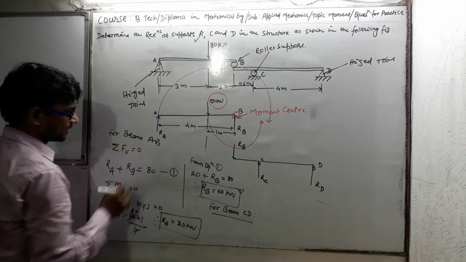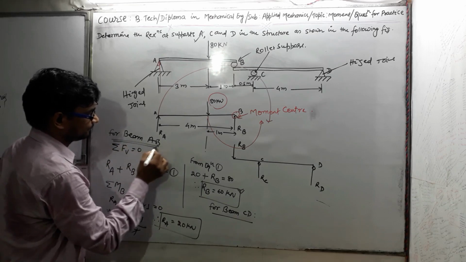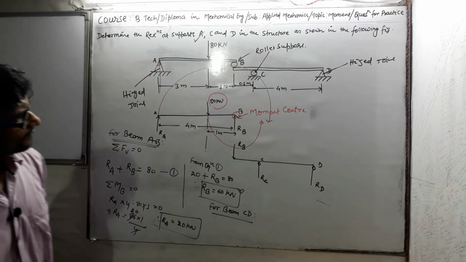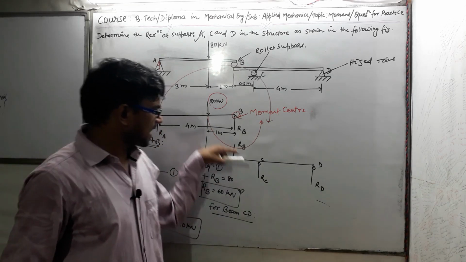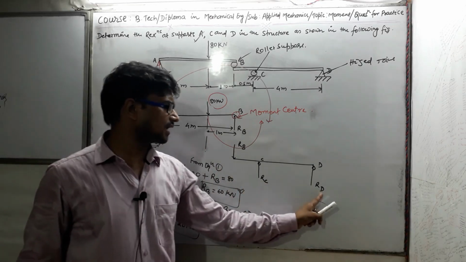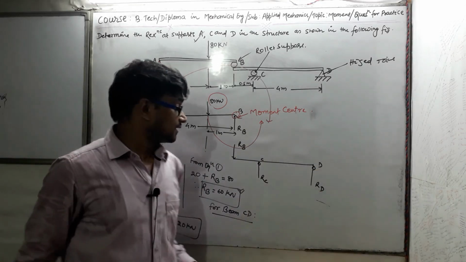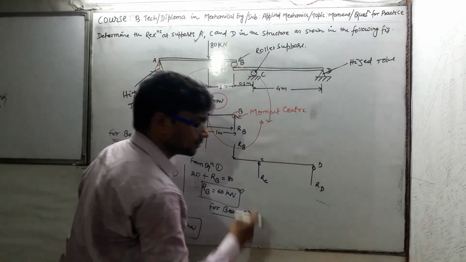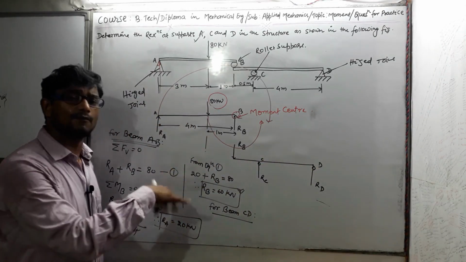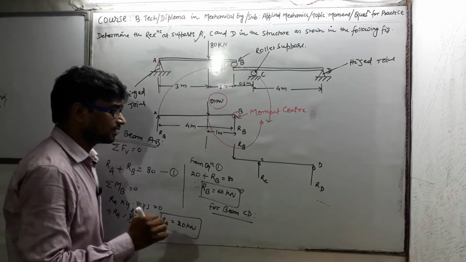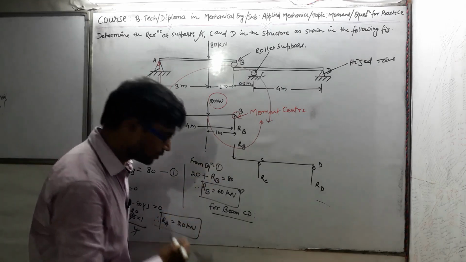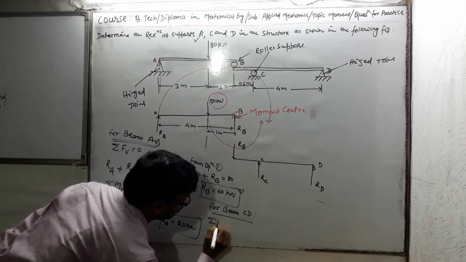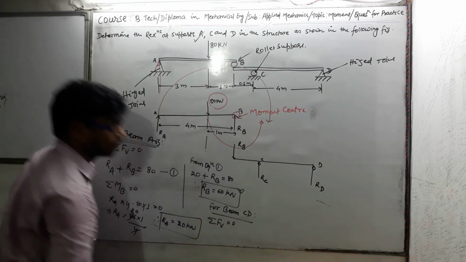This was all about the calculation for beam AB. Now here RB is acting in the downward direction and RC and RD are acting in the upward direction. There is no vertical movement for the lower beam. Hence the summation of all forces in the vertical direction is equal to 0.